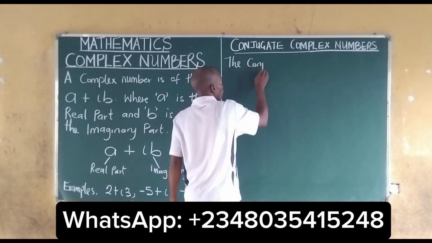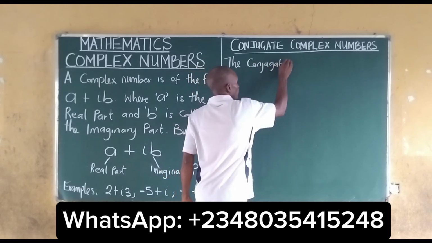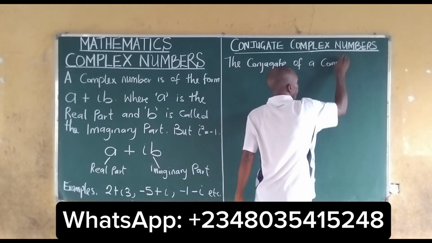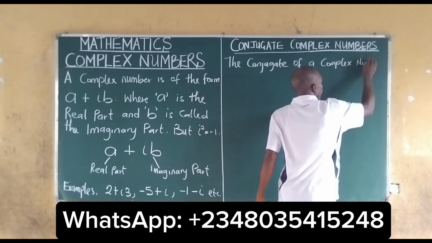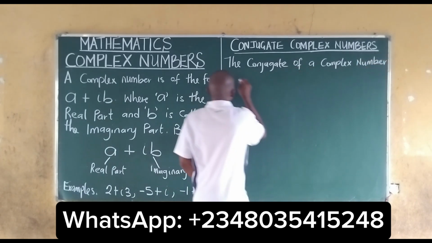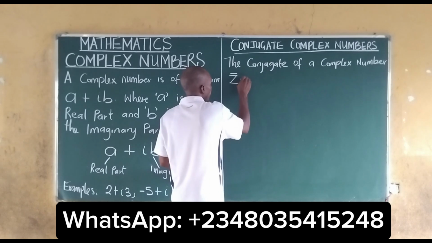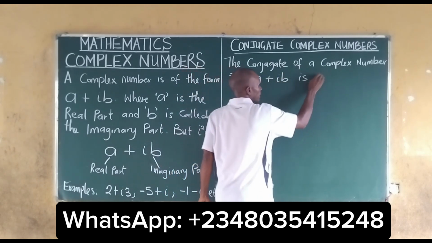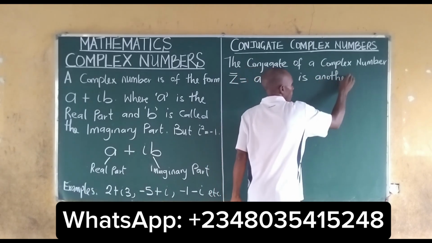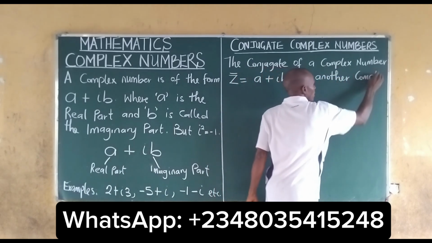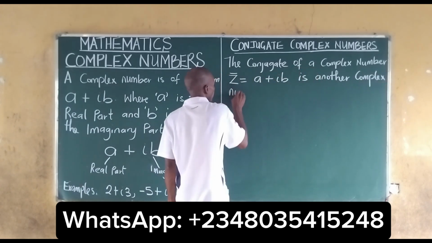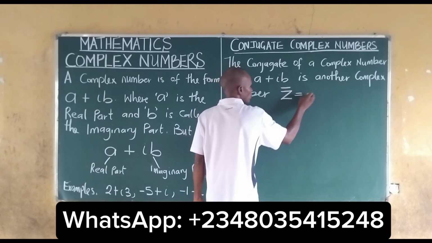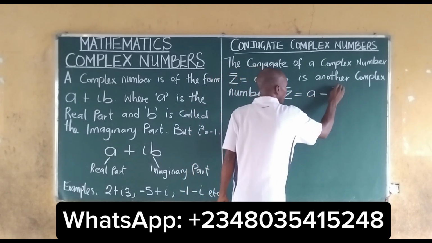The conjugate of a complex number z equal to a plus ib is another complex number, z bar equal to a minus ib.